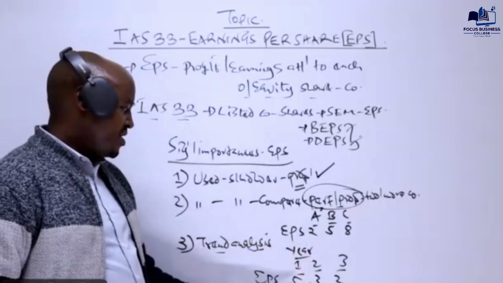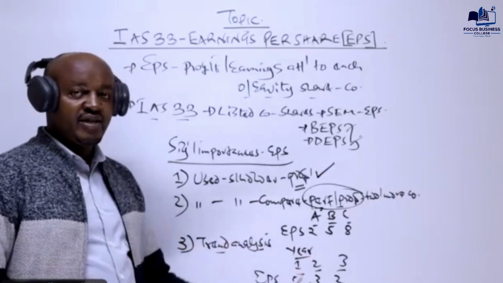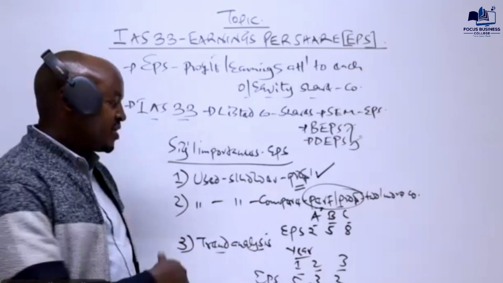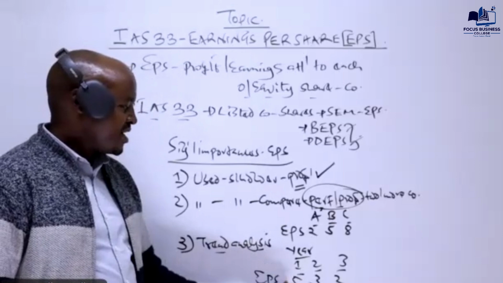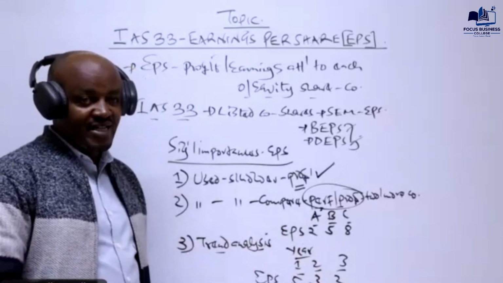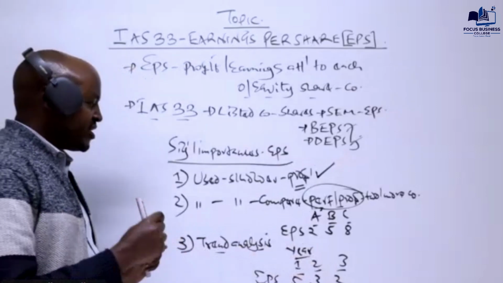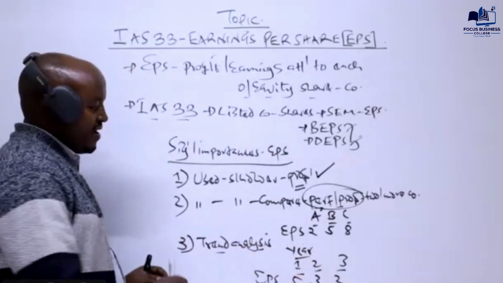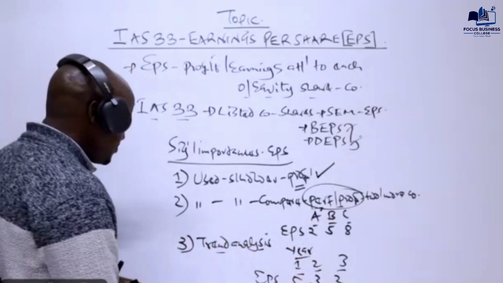You can see here the earnings per share was higher, but that earnings per share is reducing over time. So in this case, we can make a conclusion as a shareholder of this company that the profitability of the company has been decreasing over the years. So you can use the earnings per share as a shareholder to compare the performance of the company over a number of years.